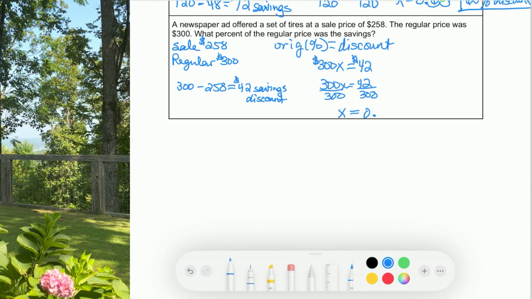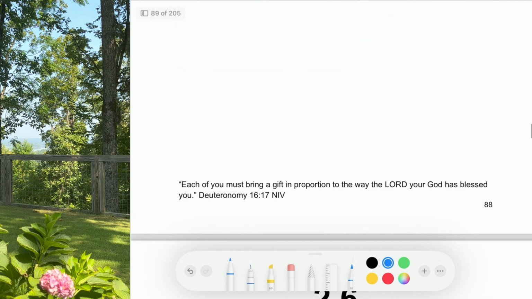And I end up with X equals 0.14. I need to turn that into a percent. So I end up with a 14% discount. So now we know the percent that gave us that $42 in savings.